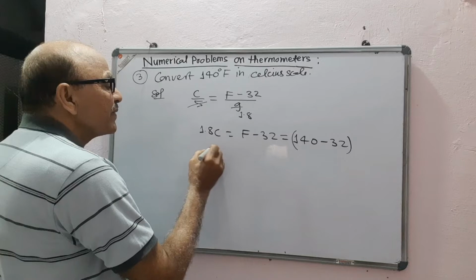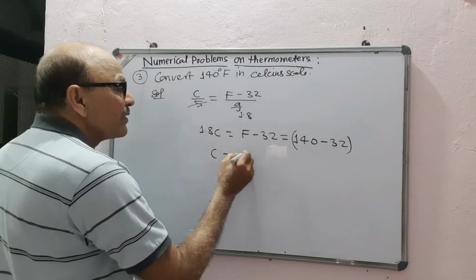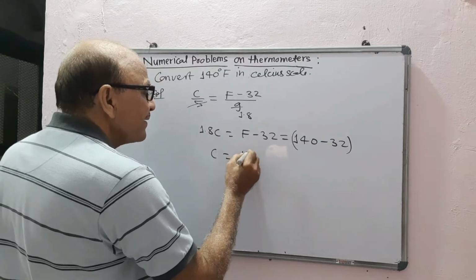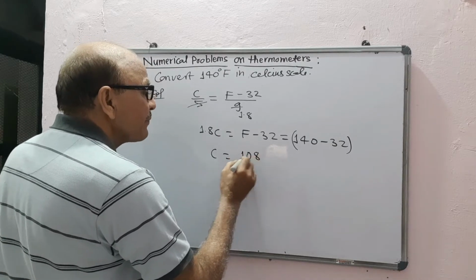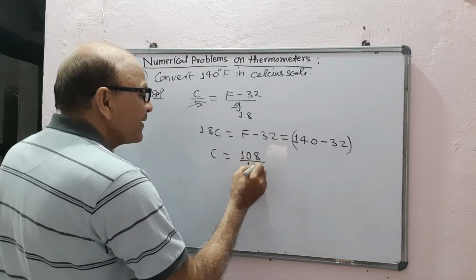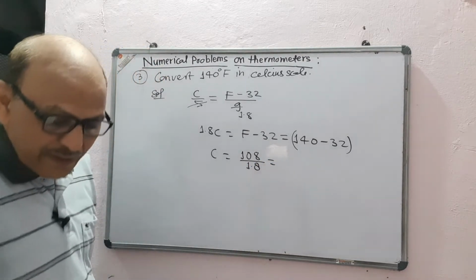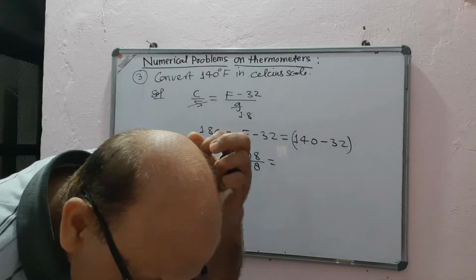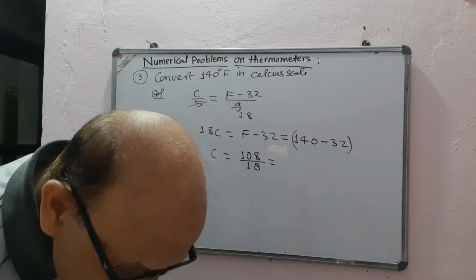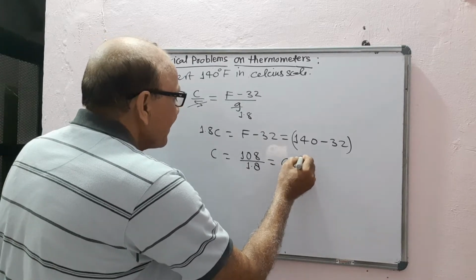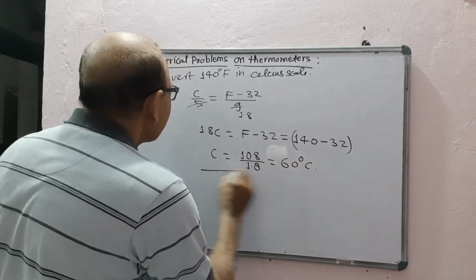So C will be equal to 140 minus 32, means 108 upon 1.8, and on simplifying you get 60 degrees Celsius.